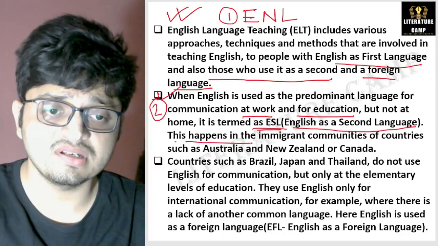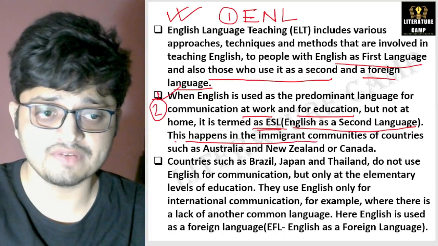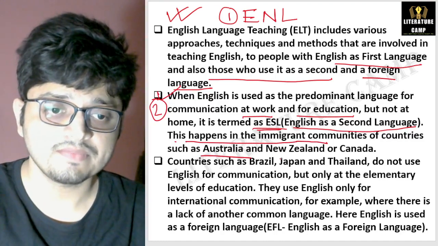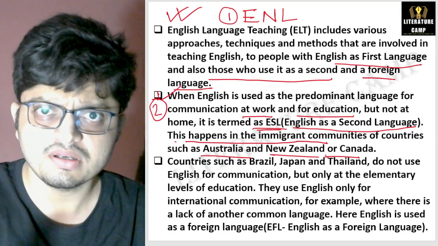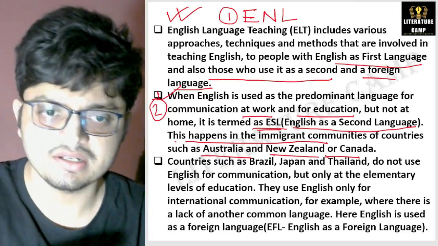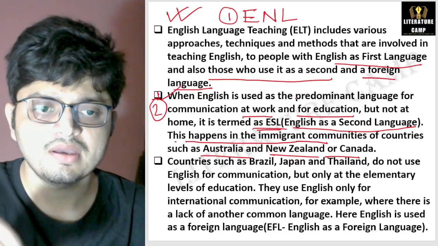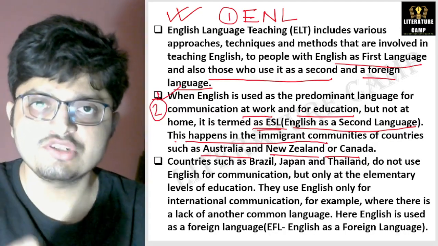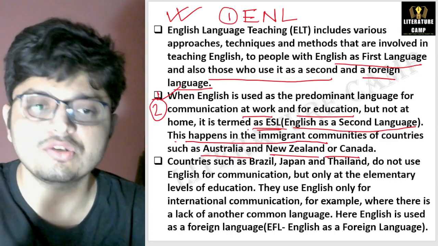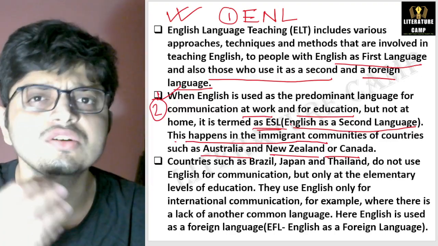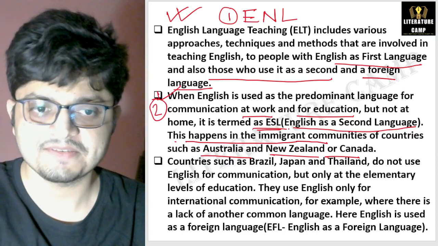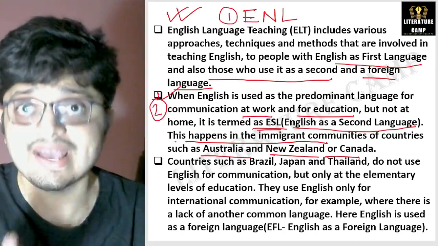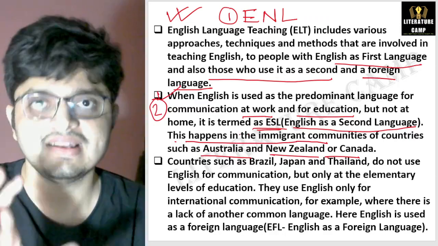This happens in the immigrant communities of countries such as Australia, New Zealand, or Canada, and of course in India. Think of us, the people of India, who use English as the predominant language for communication at work, for education, but not at home. We barely use English at home, right?